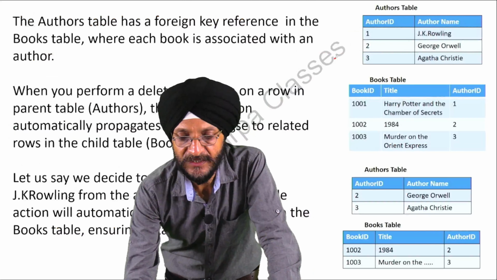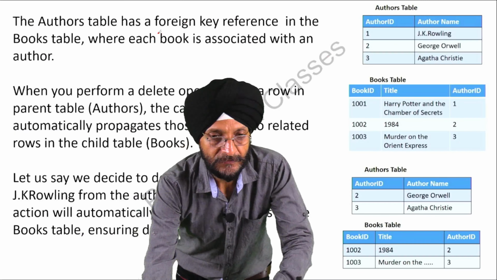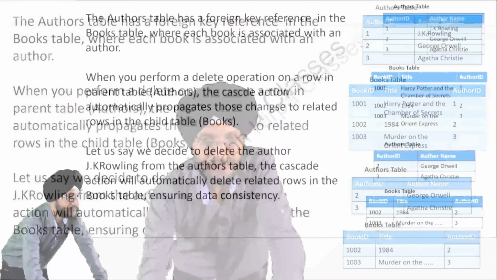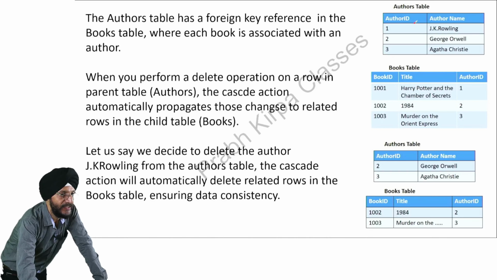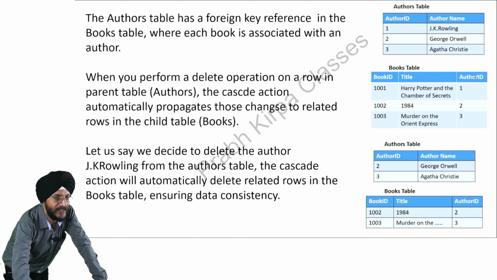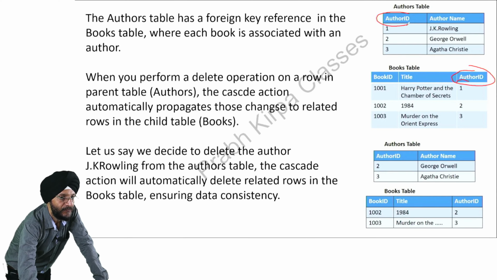Now we will understand the same with the help of an example. The authors table has a foreign key reference in the books table. Here it is the foreign key, this is the primary key, and here it is the foreign key.